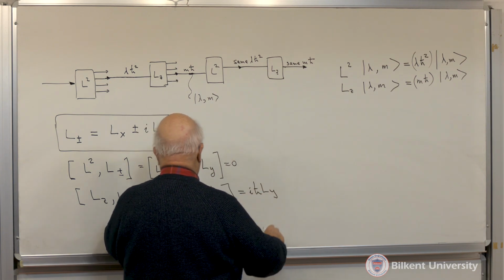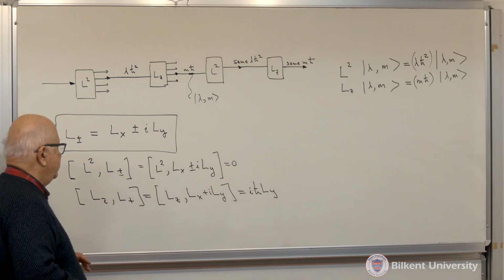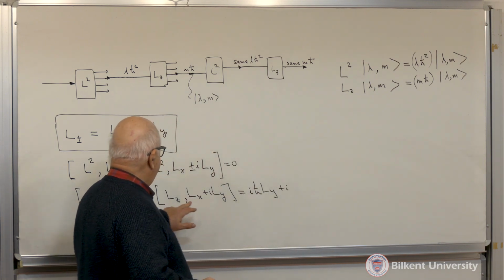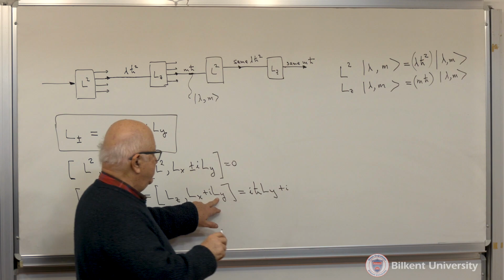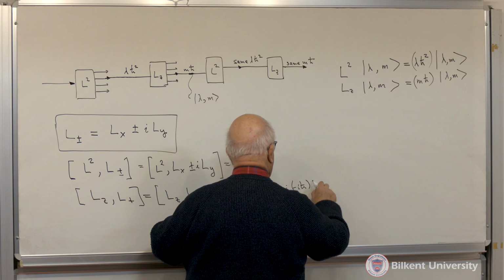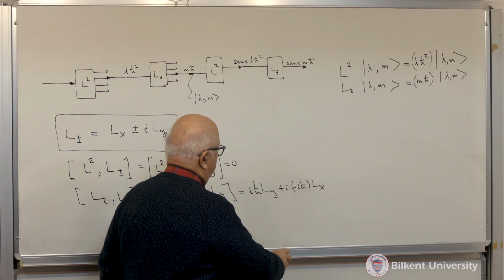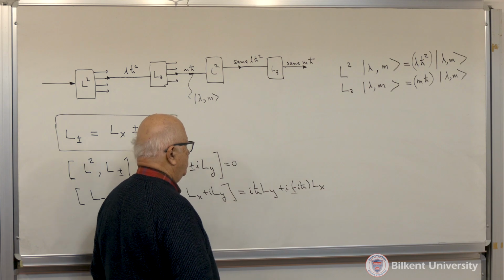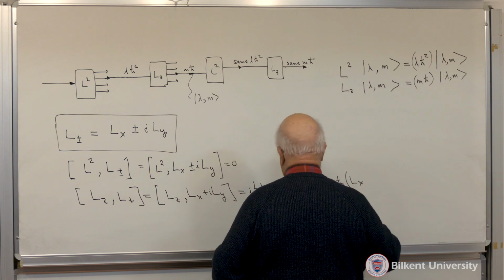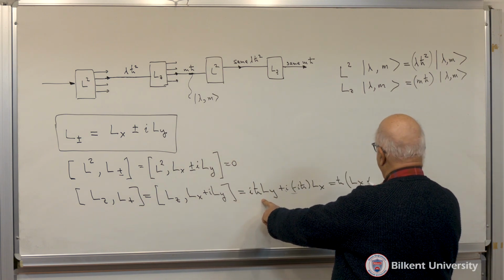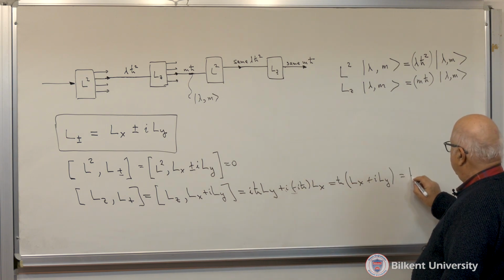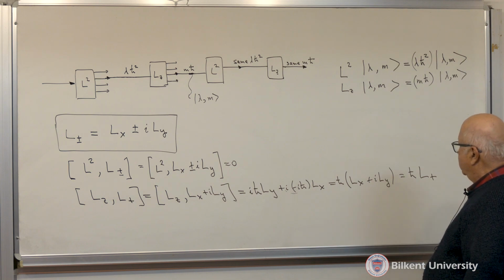It's I H bar Ly, in the correct sequence, Z and X, plus I. What is Lz with Ly? Minus I H bar times Lx. So this, as you can see, is a plus 1. So it's going to be H bar Lx plus I Ly. So what did I get? I get H bar times L plus again.